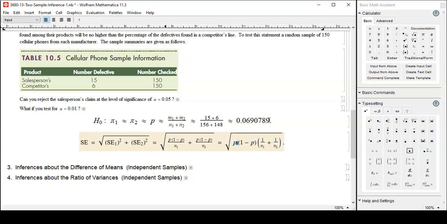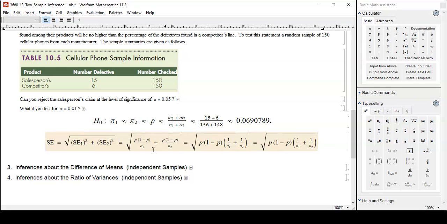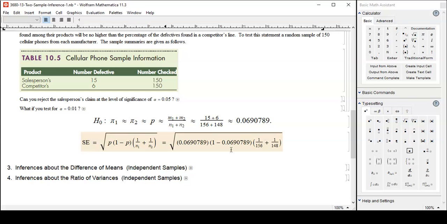So this proportion is going to be, let me just copy and paste one more time. I don't need all this derivation anymore because I'm done with that. So this part is this, 1 minus that, and then I'm using 1 over 156, and then 1 over 148.